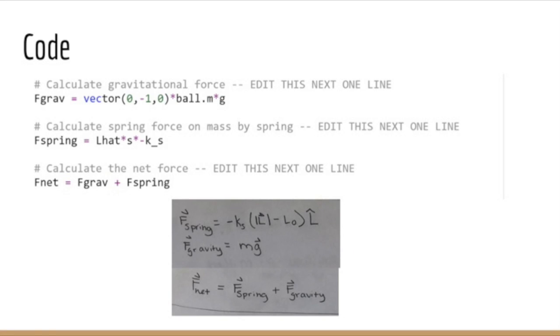From here, I found the force of gravity to be equal to the unit vector in the negative y direction times the ball's mass times the gravitational constant. In addition, the force of the spring would be equal to L hat times S, which is equal to the magnitude of L minus L naught times the negative spring constant. The total net force would be equal to the force of gravity plus the force of the spring.